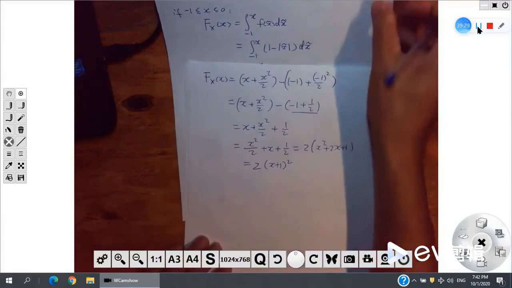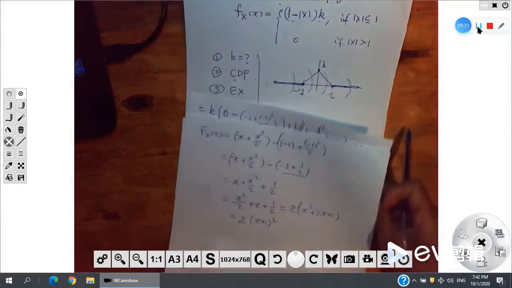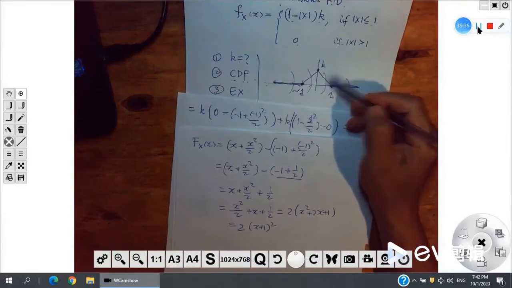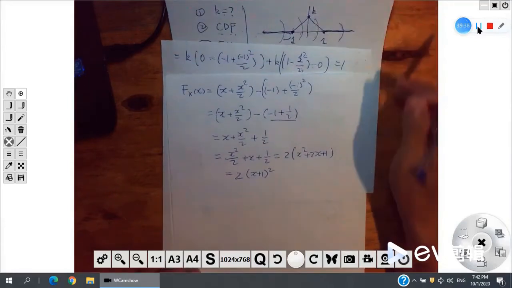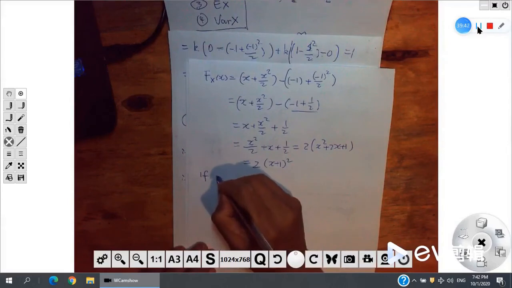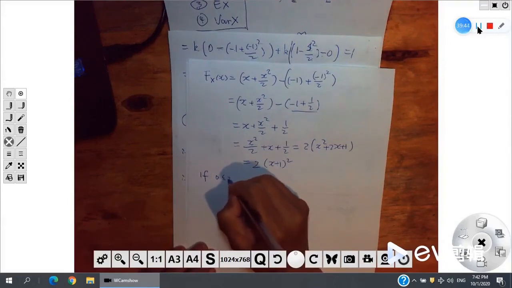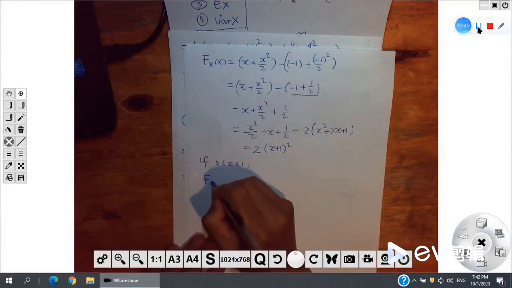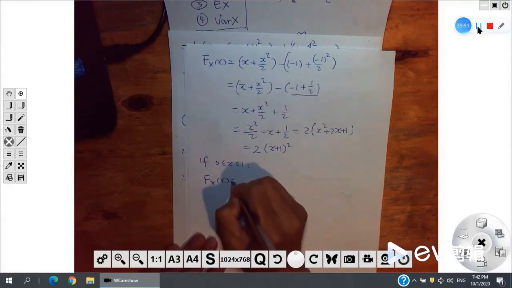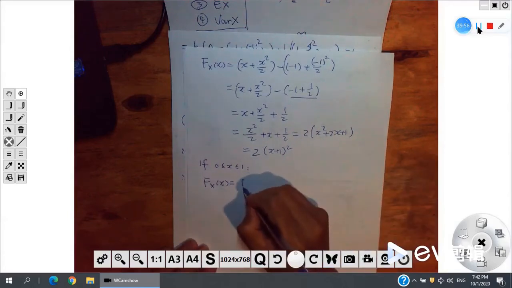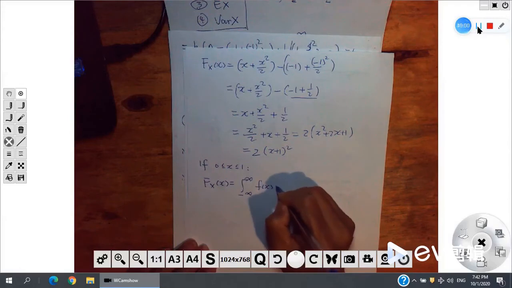And the third case, okay. First case, second case, the third case, x is here. X is between 0 and 1, we have F of x will be, what is it? It's the integral from negative infinity to x of f(x) dx.